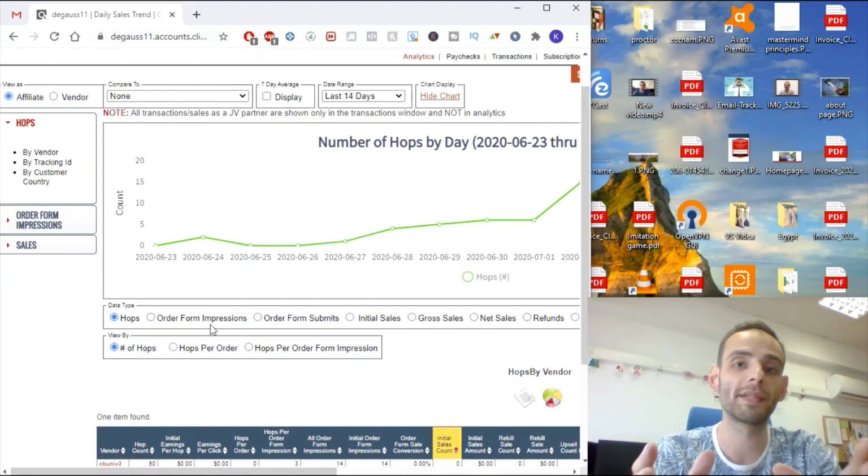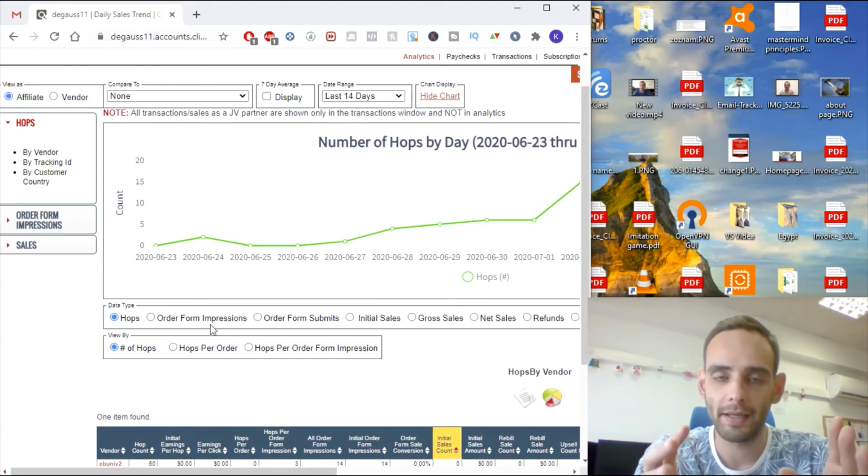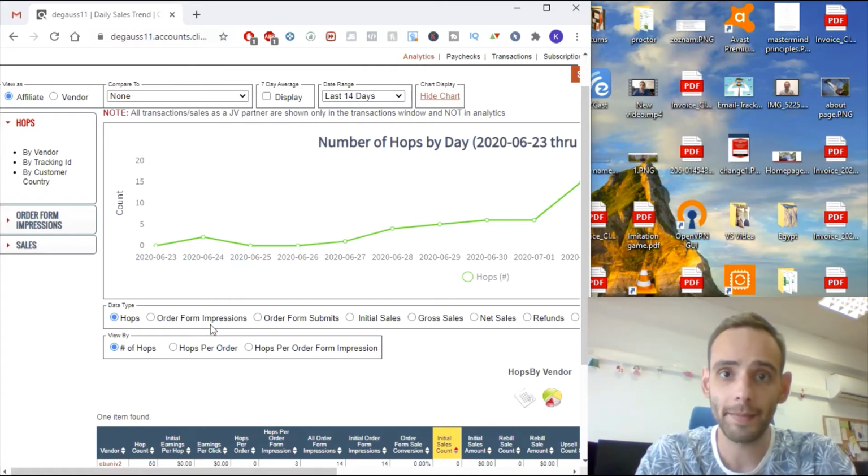First of all, hops are clicks on your affiliate link. When you are promoting a product on ClickBank, you generate an affiliate link, that is your hop link, and how many clicks this hop link generated is the number of hops.